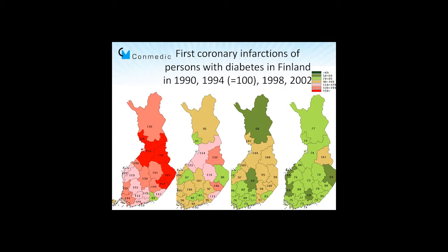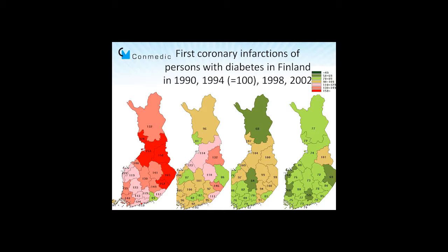When you move to 98 and 2002, you can see that the colors get yellow and green, and the more green, the better. The red is 0.5 times the number of infarctions compared to the average in the country in 94, and the dark green is 0.5 times the number.